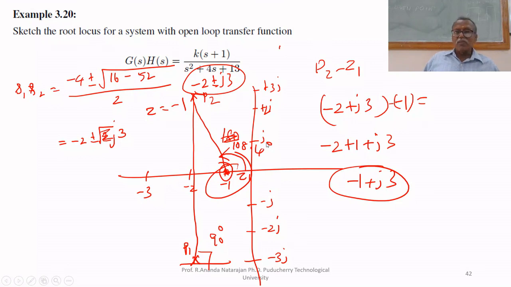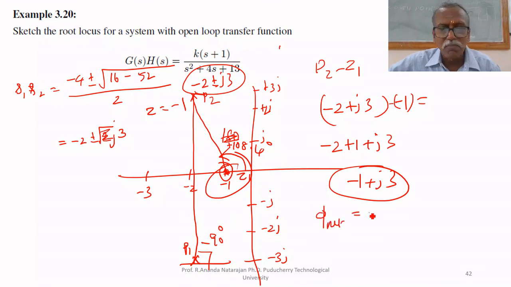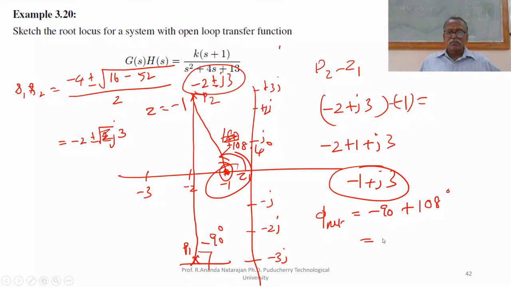So this is 108.4, and this is 90. This is minus 90 because it is in the denominator, and this is plus because it is from the zero. What is the net angle? Phi net equals minus 90 plus 108.4, which is 18.4.